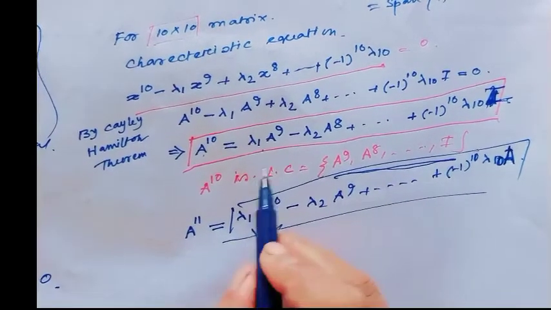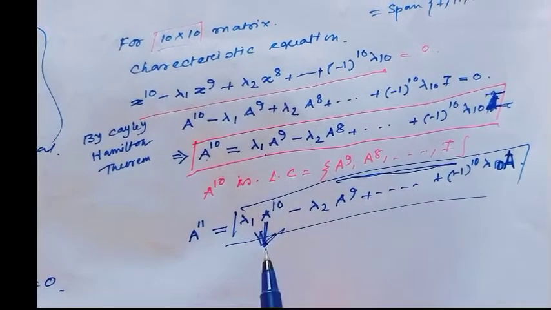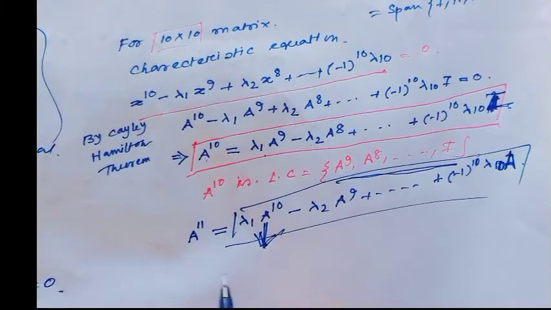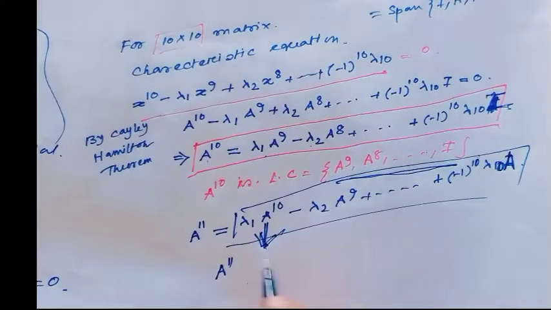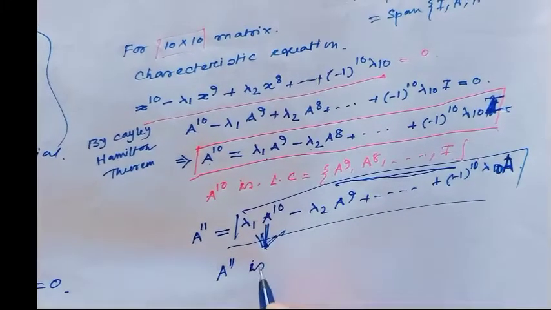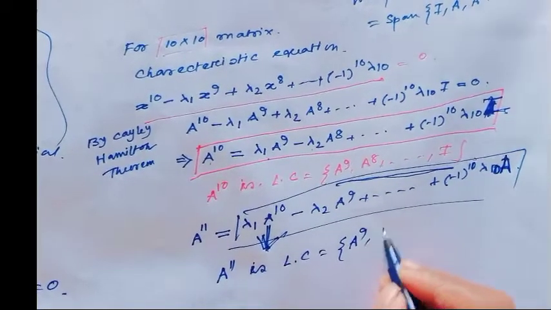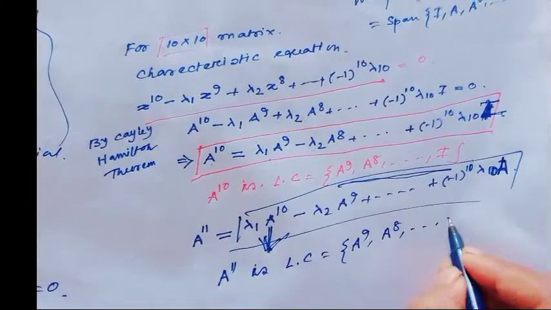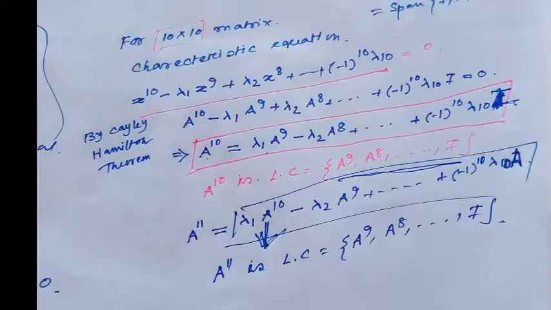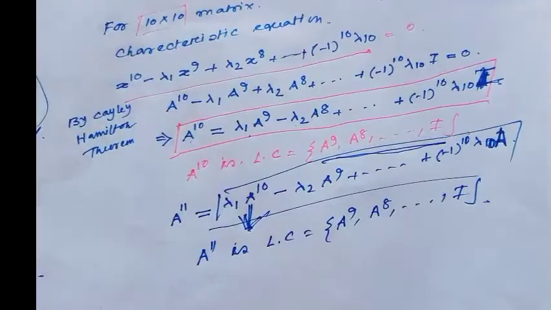So if we put the value here, then you will get a to the power 11 also is a linear combination of a to the power 9, a to the power 8. This would continue, and here would be identity.